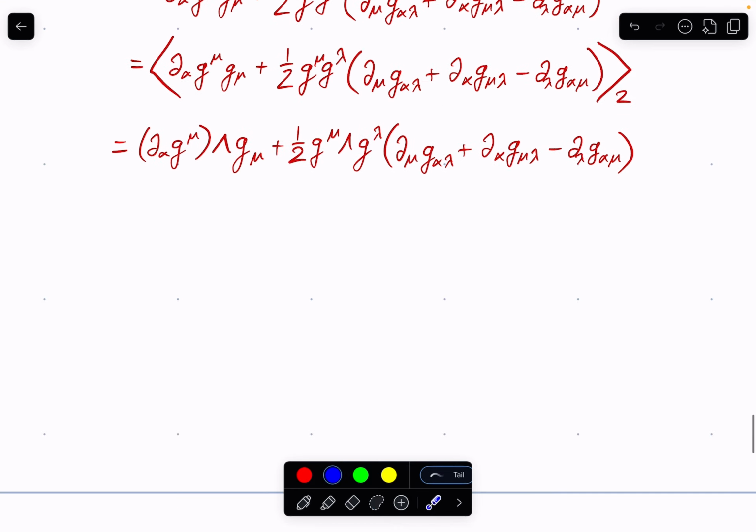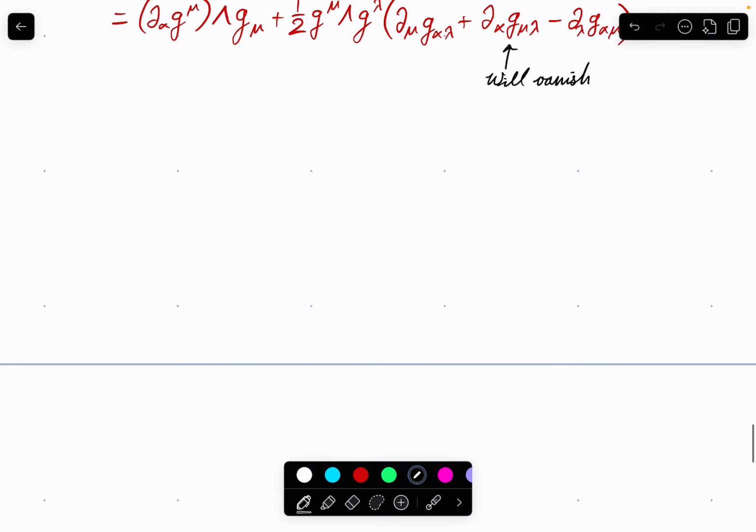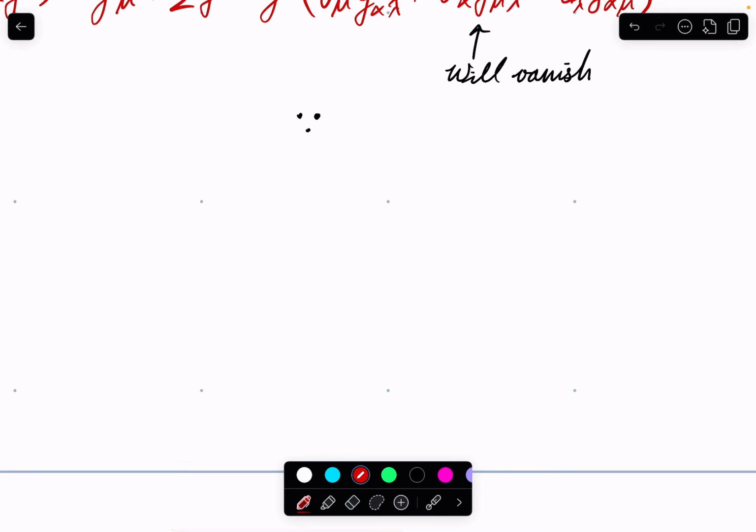But now we need to prove another thing. First off, that this vanishes. So how do we demonstrate that? Well, it's because of a little fact here.